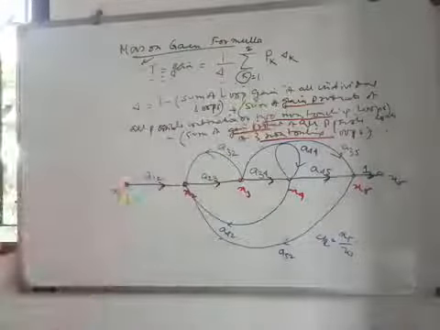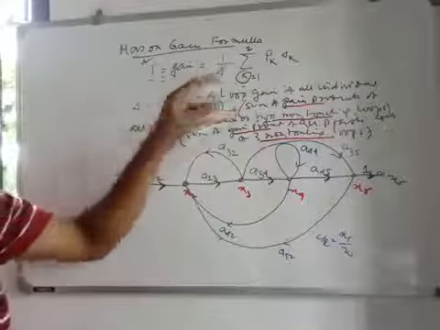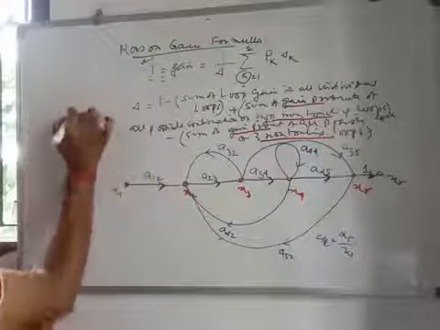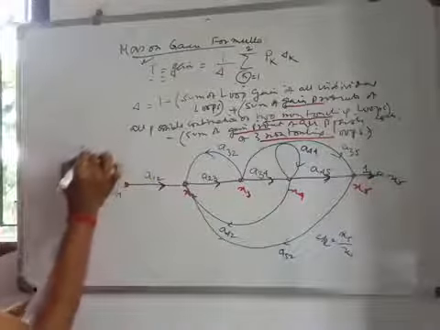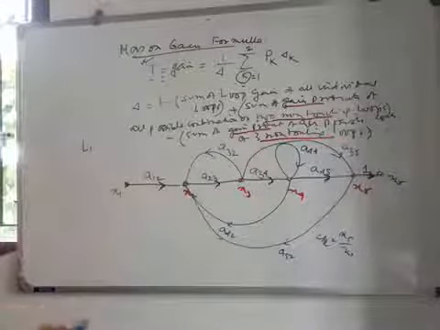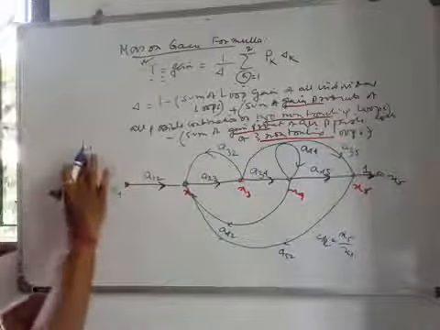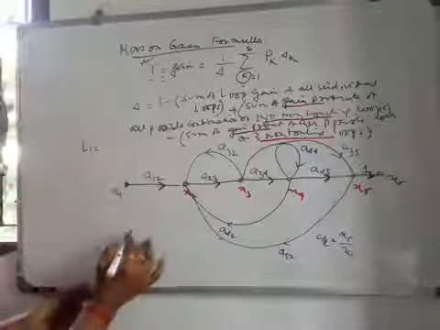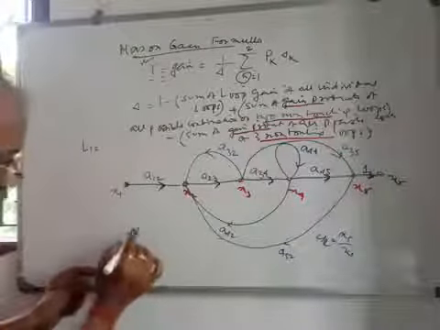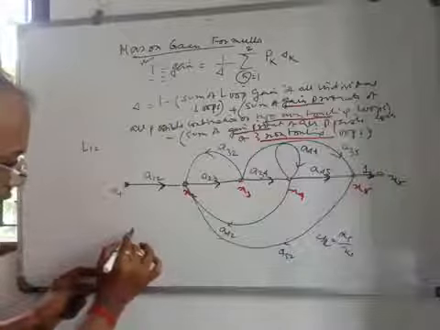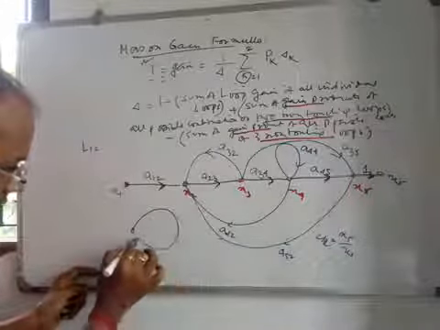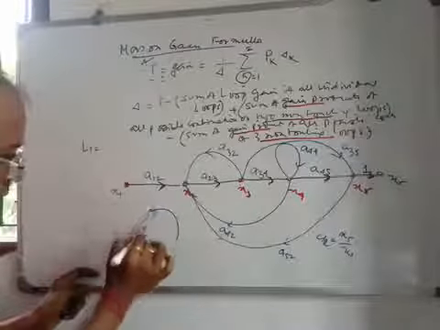So for the sum of loop gains of all individual loops, we have to find out first of all the number of loops possible. Loops are denoted by L1, L2, L3 and so on. First of all, maybe an individual loop L1. Loop means the branch or path that originates and terminates at the same point.